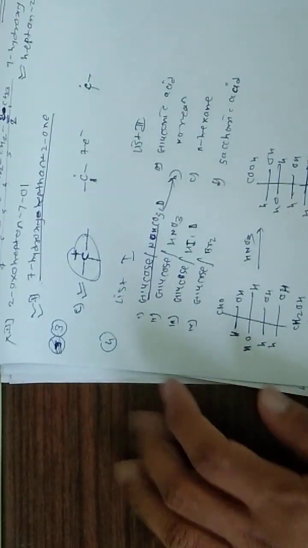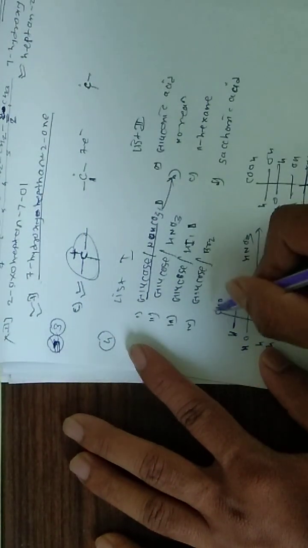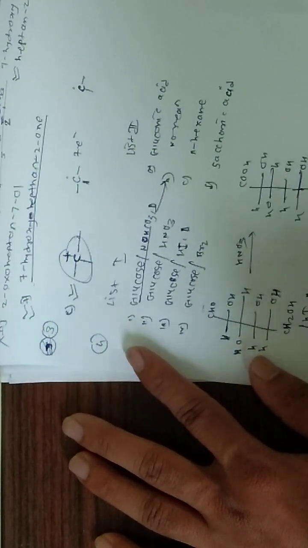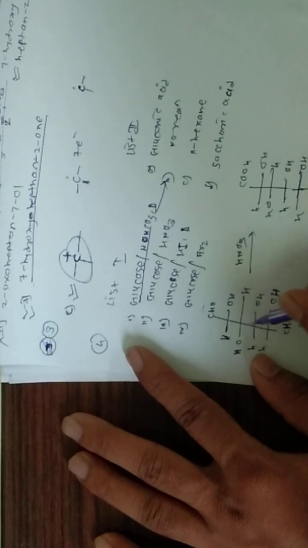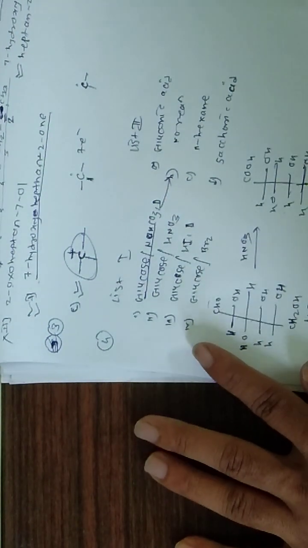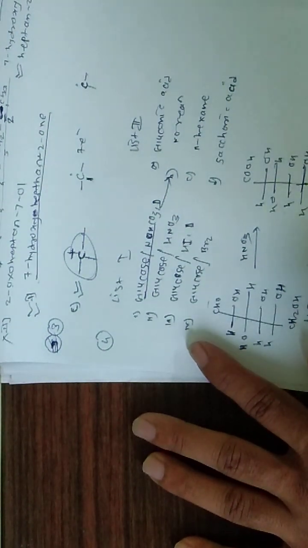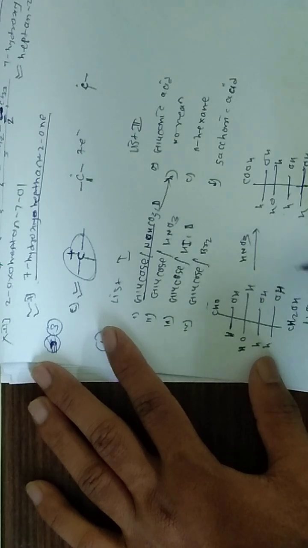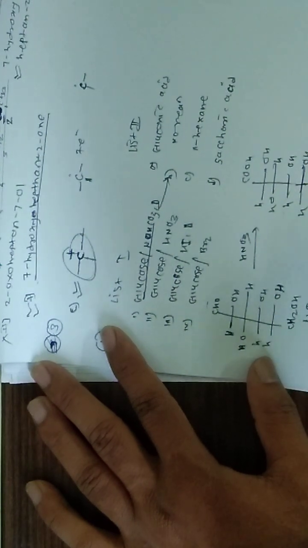Being a strong reducing agent, it reduces the whole glucose molecule to an alkane. What alkane will be formed? 1, 2, 3, 4, 5, 6 carbons are there, therefore the alkane with 6 carbons, hexane. N-hexane, because there is no branched chain, so normal hexane is formed. There is no need to write the structure of N-hexane, I am writing N-hexane directly.